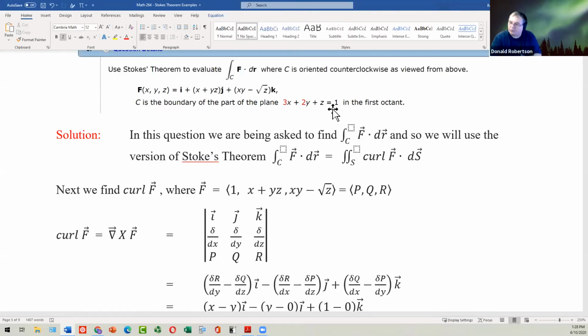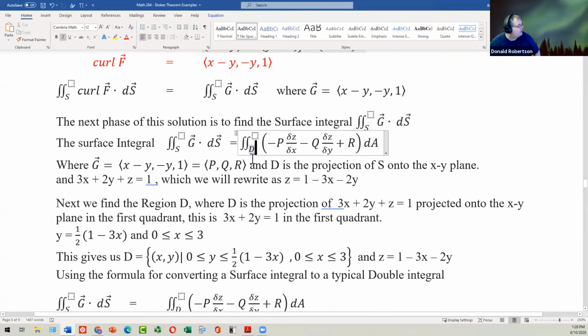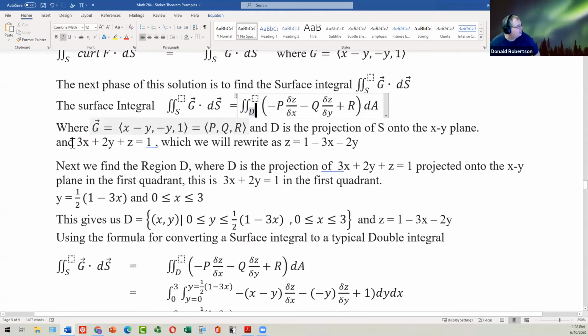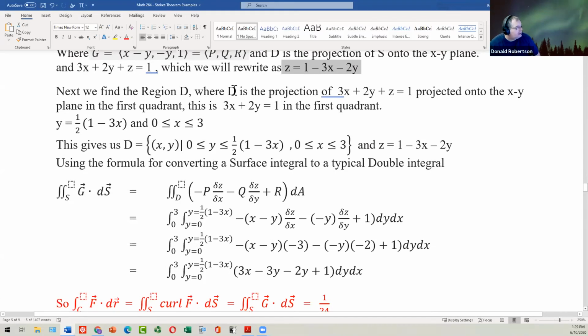Because the first octant will become the first quadrant when it goes to the floor. And so all I'm going to do here is take the equation of the plane, which is this guy, rewrite it as that, and that means I now know who z is. I need that because these guys are going to turn into x's and y's. I also need to know what d is.